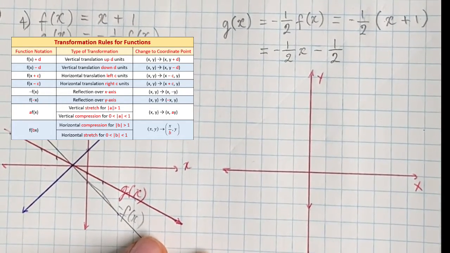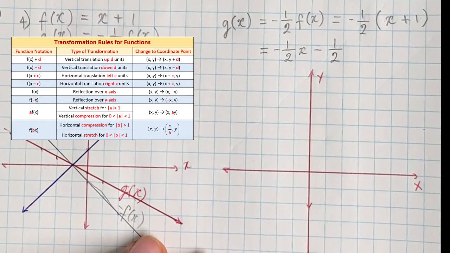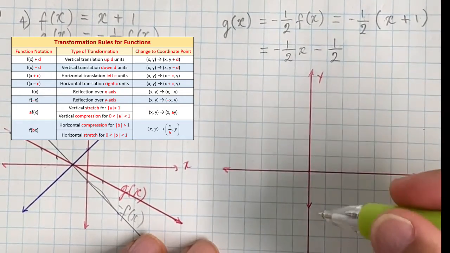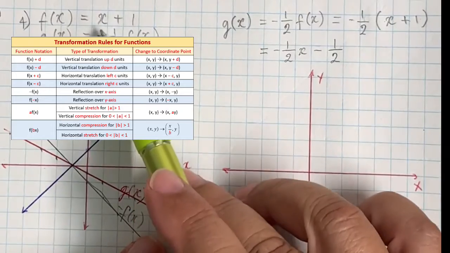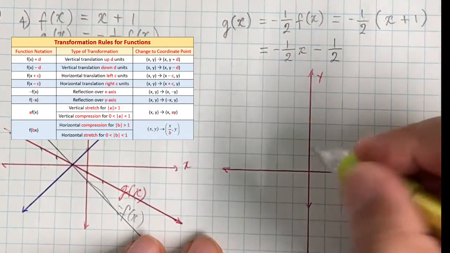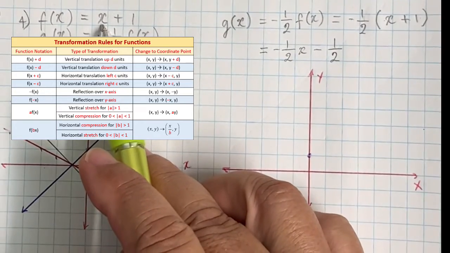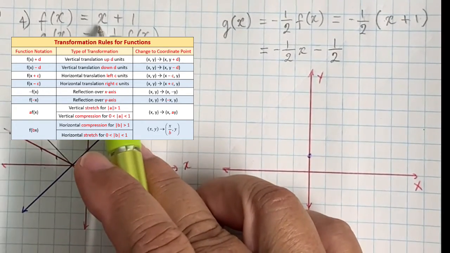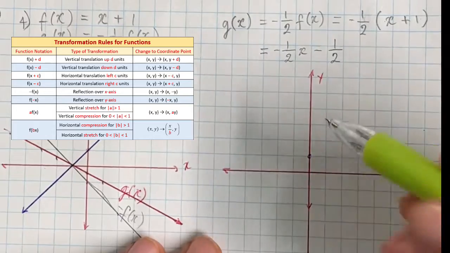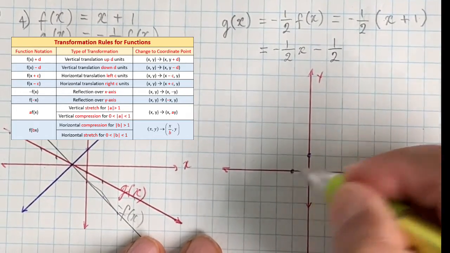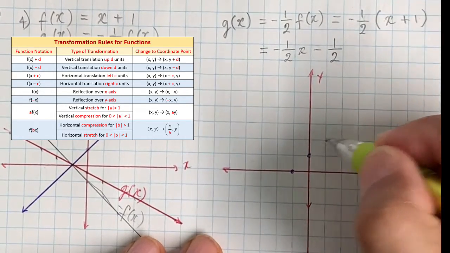And again, the f of x. When x is 0, f of 0 is 1. When x is -1, f of -1 gonna be what? -1 plus 1 is 0. So it's right here. All right.